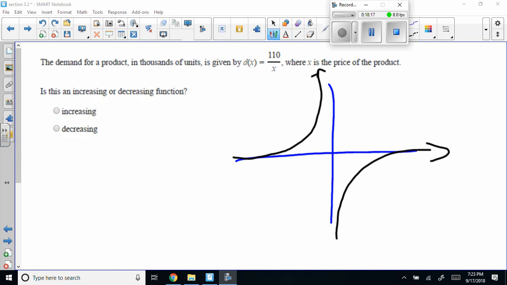Lines the function approaches but never touches. So we got two of them, a vertical and a horizontal, right? We won't go deeper into that right now. But this is going up, right? So this function is always doing what? Increasing, right?